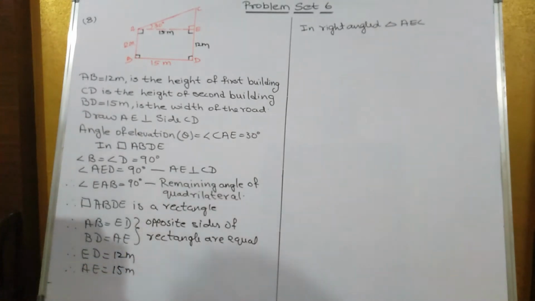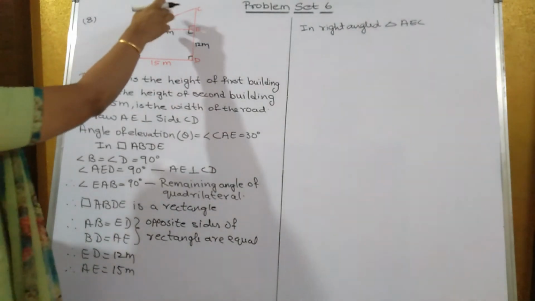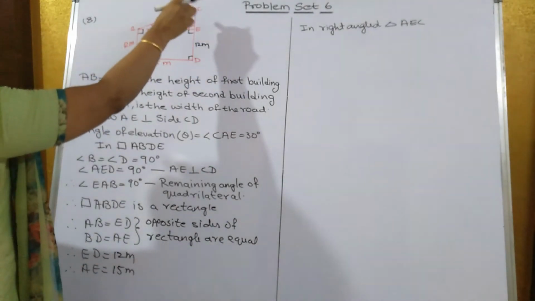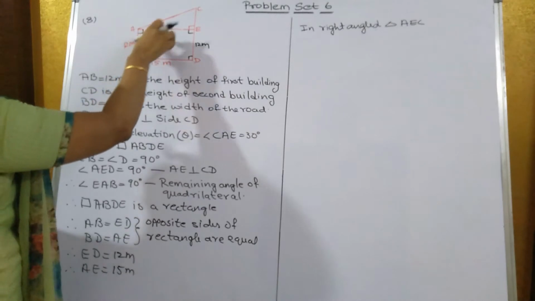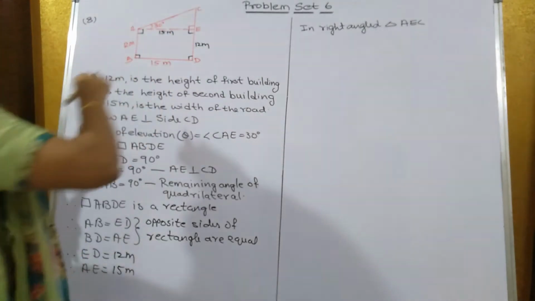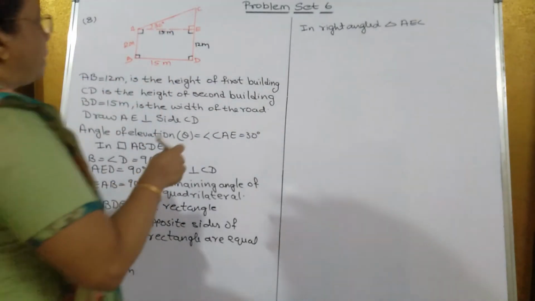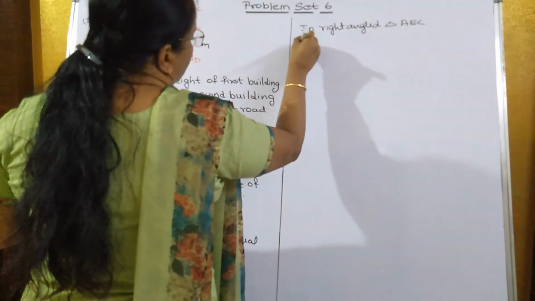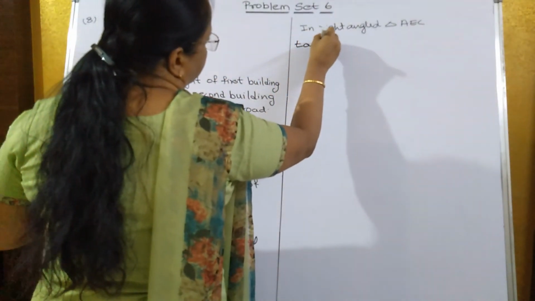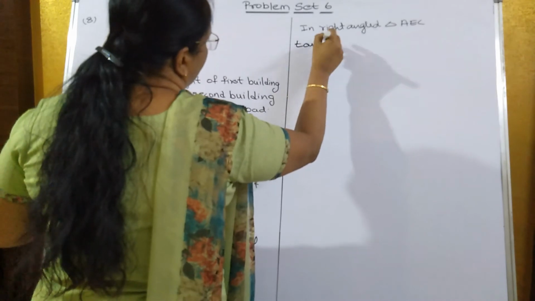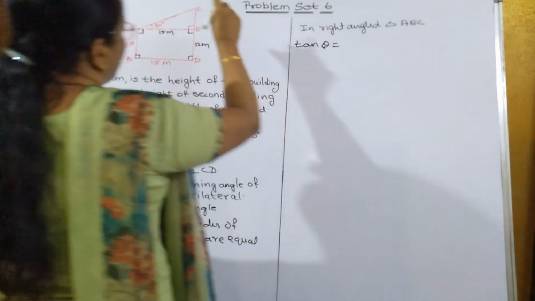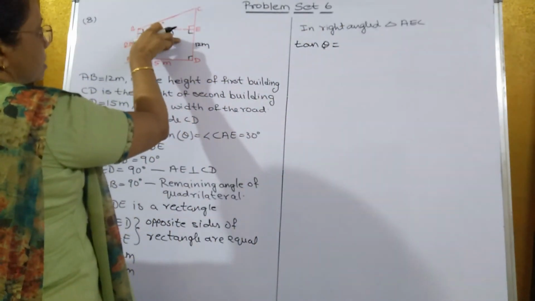Now in right angle triangle ACE, we know the adjacent side and we have to find out the opposite side. So what we will take? Tan. So tan theta is equal to opposite side CE upon adjacent side AE.